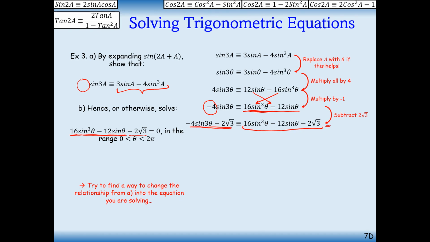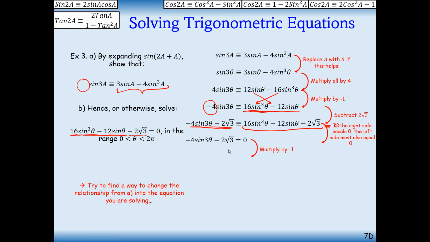So when the right side is equal to 0, that means the left side will be equal to 0 as well. Therefore, we can now deal with just the left side of this equation because there's only a single sine of 3 theta there. So rather than solving this blue box here, we're going to solve this expression here.